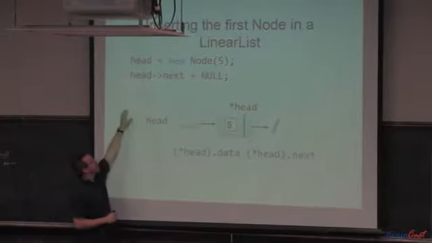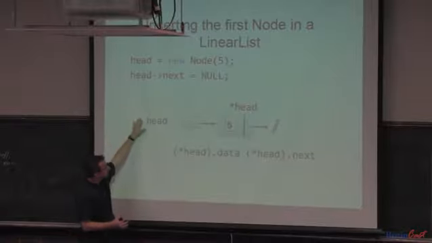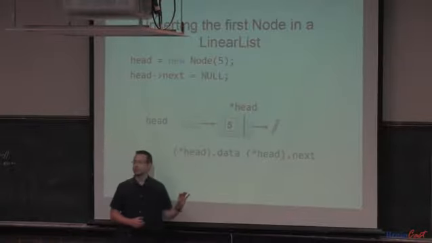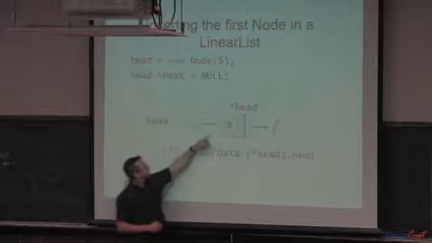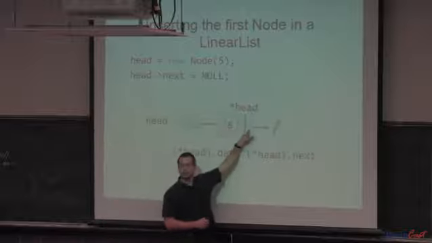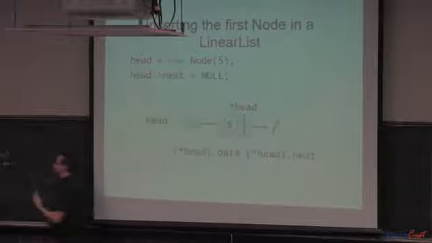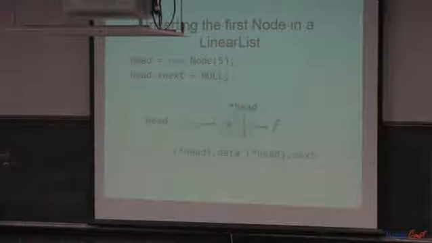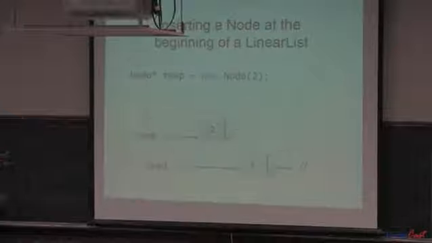So if head were empty, if the list were empty, this is how you would insert the first node into the list. Here's head arrow data. Here's head arrow next. Okay, so again, focus on the pictures and the code associated with it. So that's the first node in an empty list. That's how you do it. How do I insert a node at the beginning if there's already a node there?